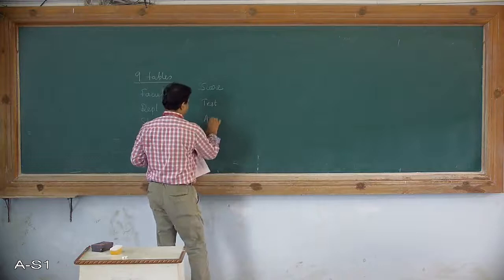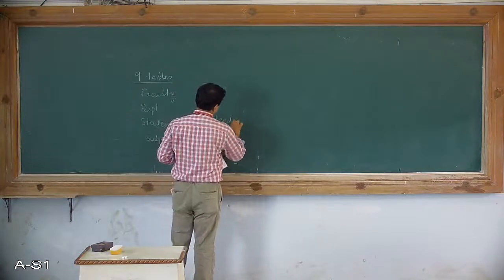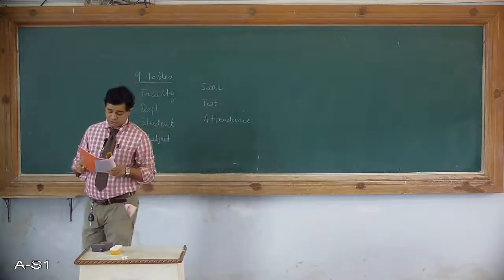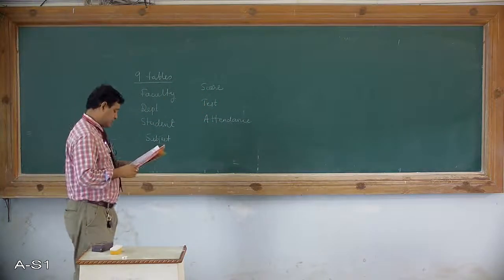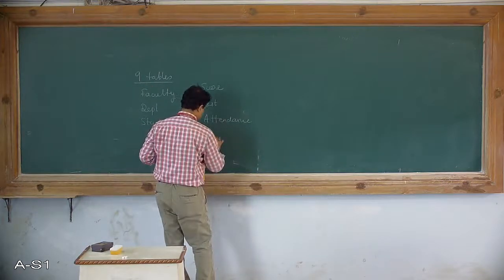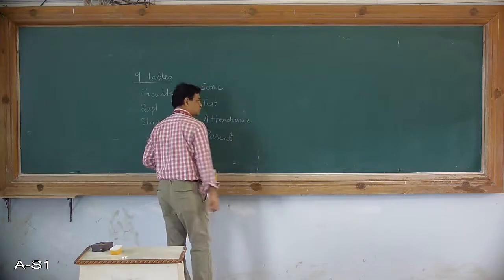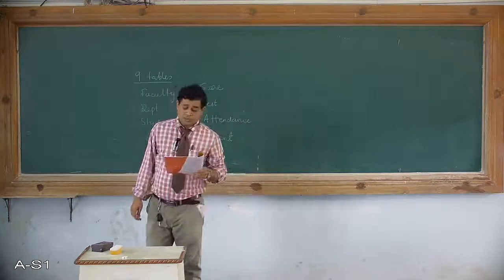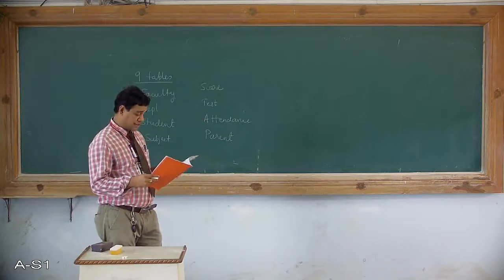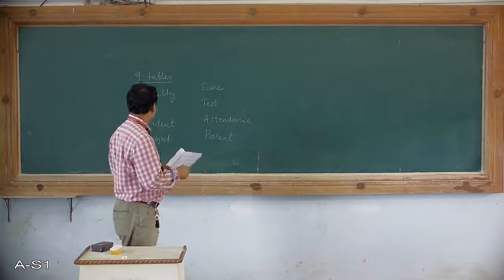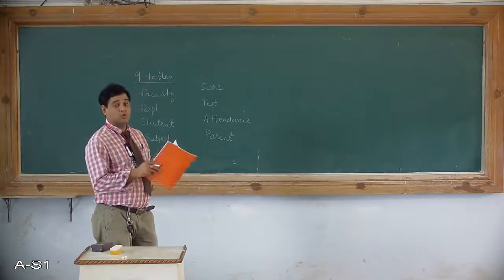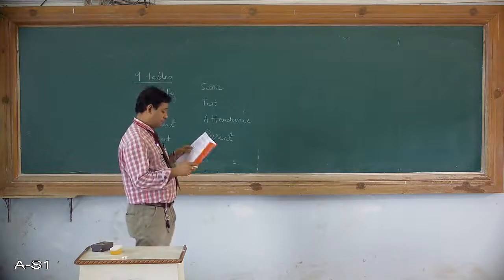Then there is attendance, where the attendance of the student is stored with respect to the subject, date and time. And then parent details are stored here. So these are some of the tables that are required for our second experiment, and probably using these tables I think you have done the ER diagram and also the schema diagram.